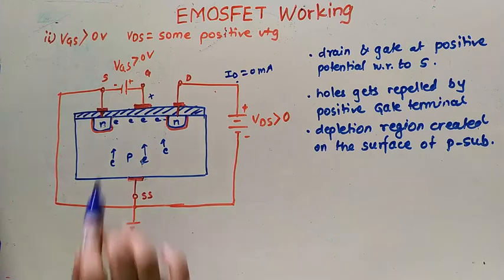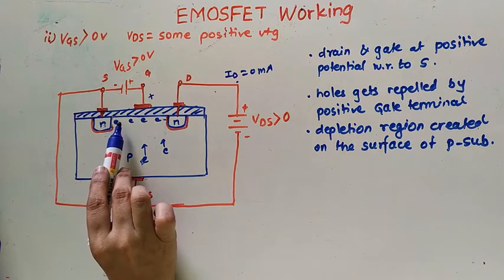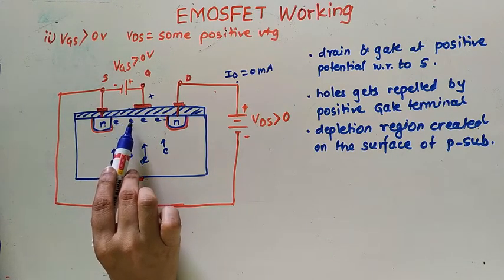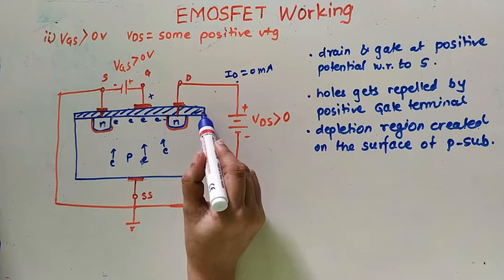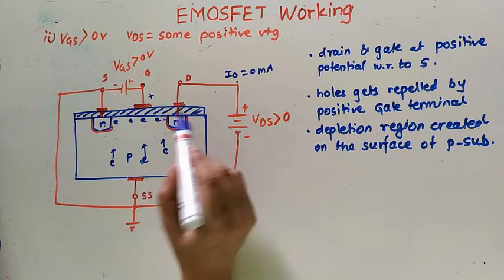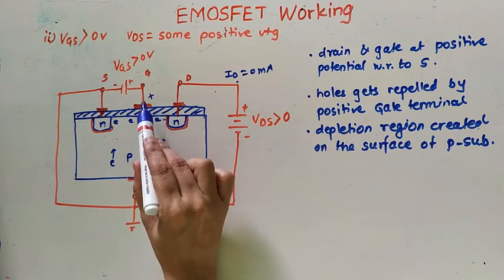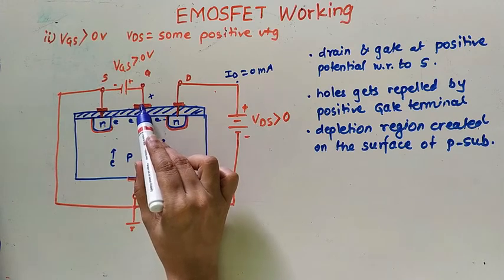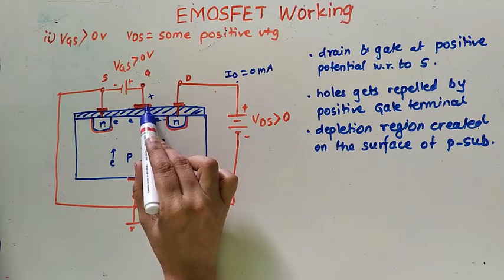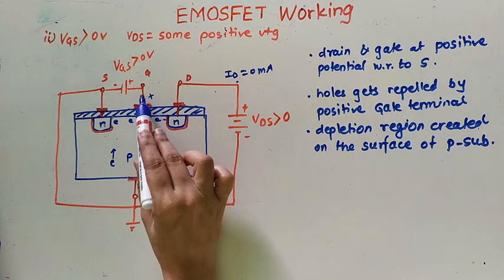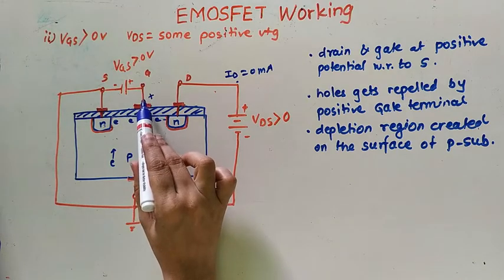So here the electrons get accumulated towards the surface of this SiO2, but due to the presence of this SiO2 layer, the electrons will not get absorbed at the gate terminal, and there will not be any flow of current at the gate terminal, meaning the gate current will be equal to 0.